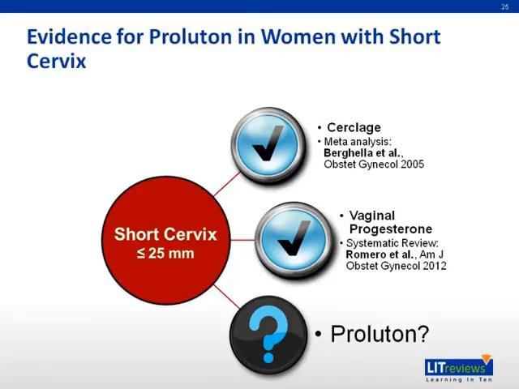In treatment of short cervix, there is high-level evidence that cerclage and vaginal progesterone are efficacious in attenuating cervical shortening and lowering the risk of preterm delivery. However, the role of Proluton in this setting is unclear.